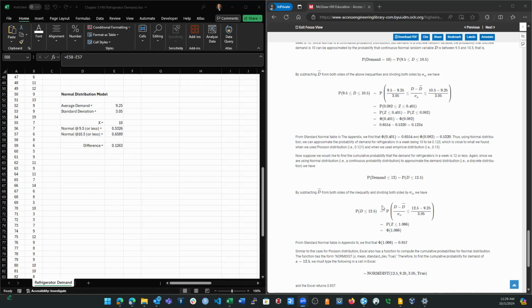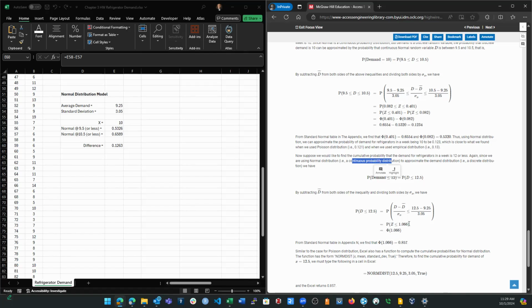It is interesting to note that even though we're not taking the difference between 9.5 and 10.5 in order to get the 10, there is a correction we need to make because we're going from a continuous probability to an approximate demand distribution, a discrete distribution, like a single number. We do need to account for that continuous probability by adding 0.5 to the 12.